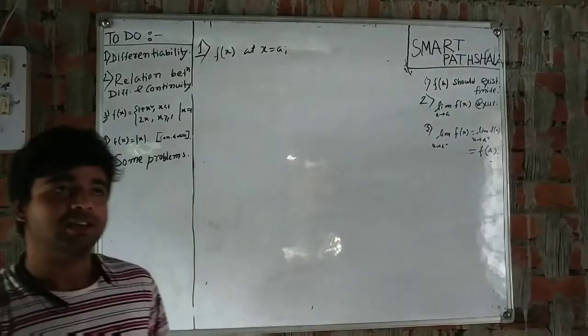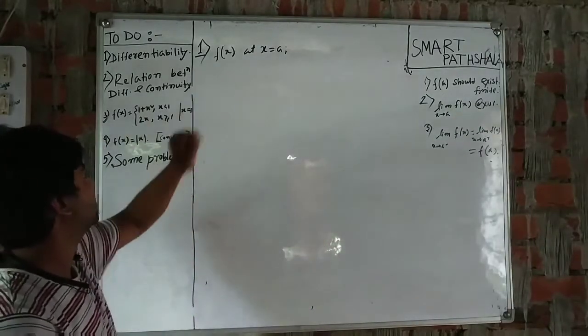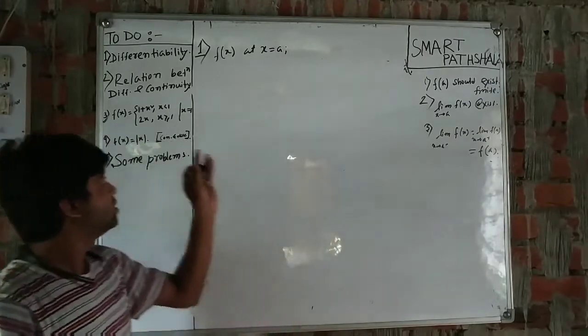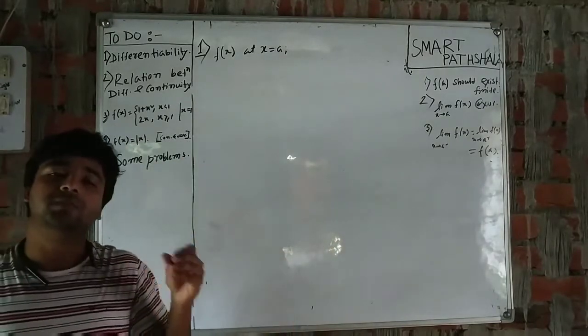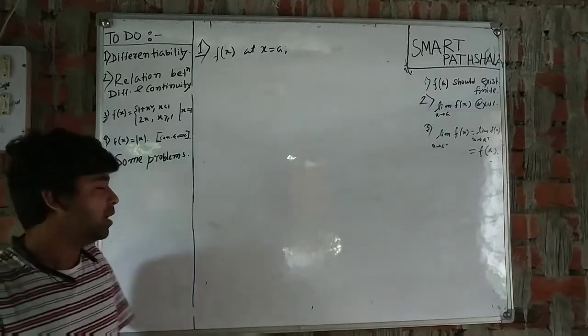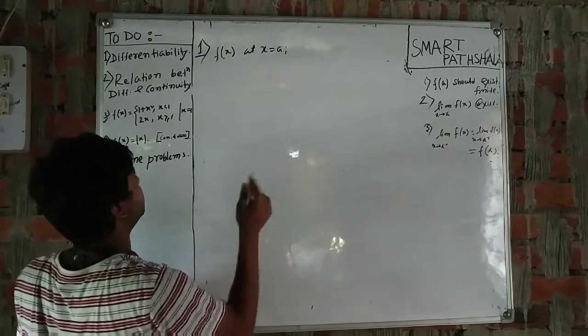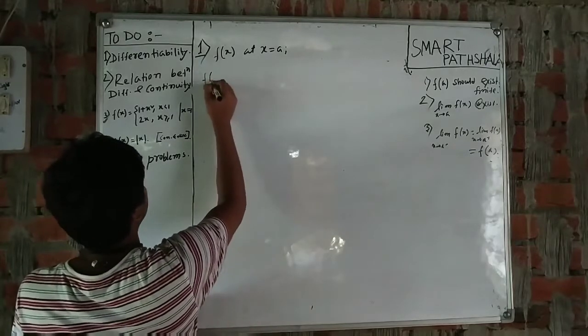Now the second relation. We saw in the first relation that if any function f of x is differentiable, then it must be continuous. But the reverse case is not true. What is the reverse case?